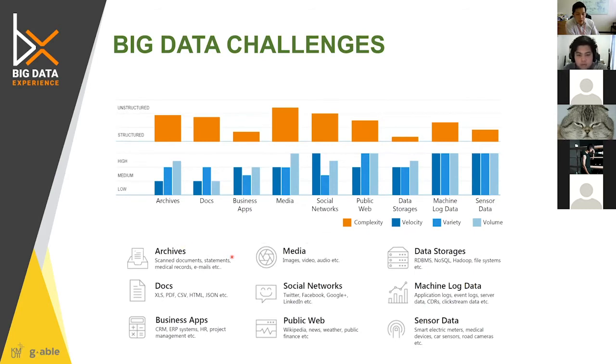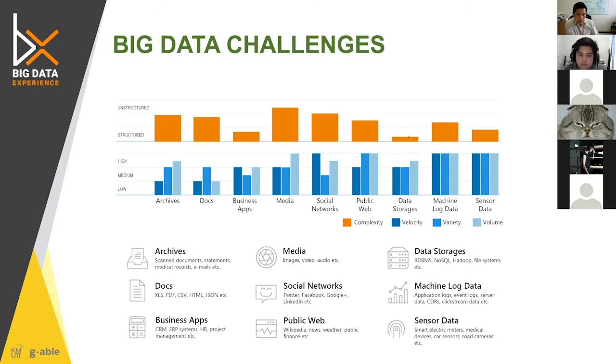The data will have different complexity. For example, if we talk about media like image and audio, the media itself has a large size compared to text, right? When you store the data, it has a certain variety, the rate of generation is quite fast, and the data itself is unstructured, quite complex.